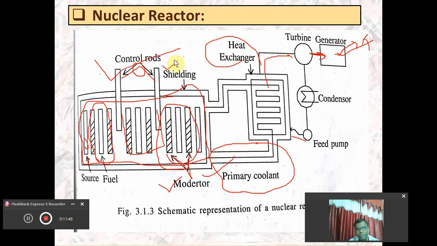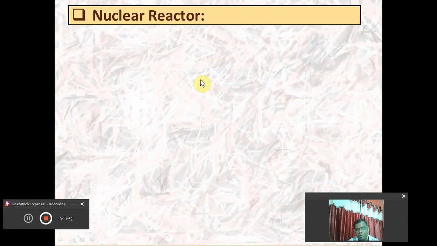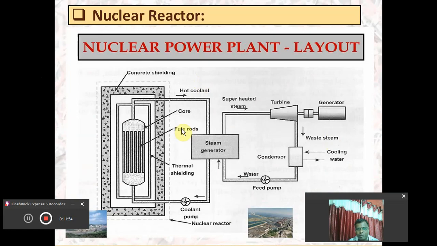Dear friends, in the same way, we can also discuss another diagram of the nuclear reactor that will be more convenient for you to understand, because the earlier one was given in the textbook, and this one I tried to obtain from a resource on Google.